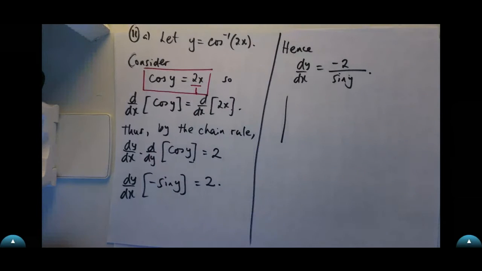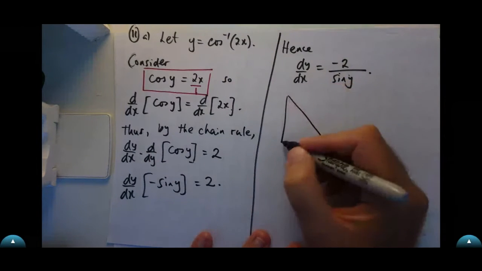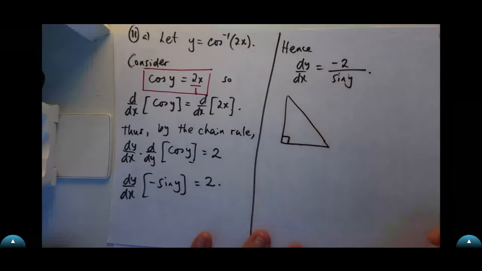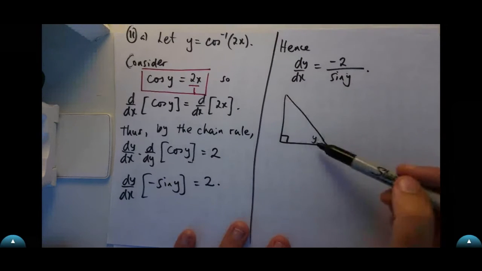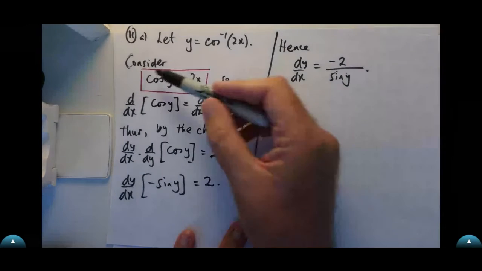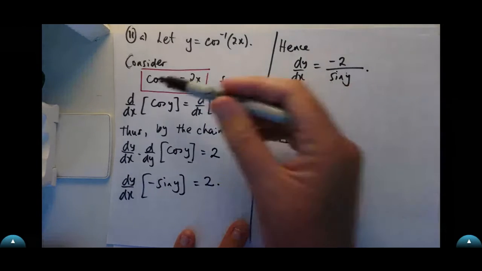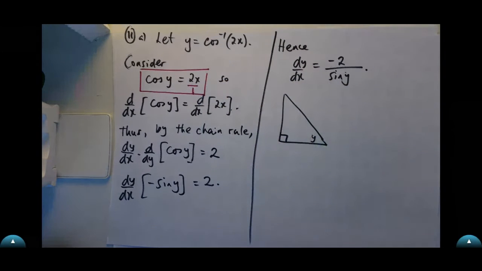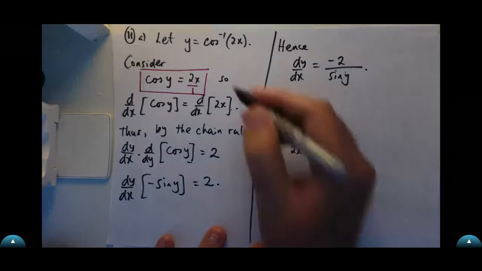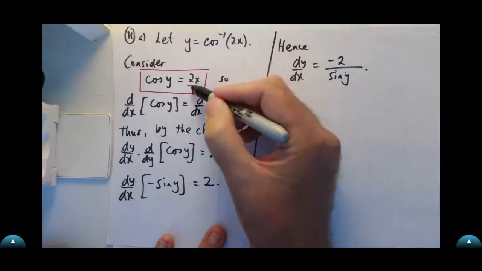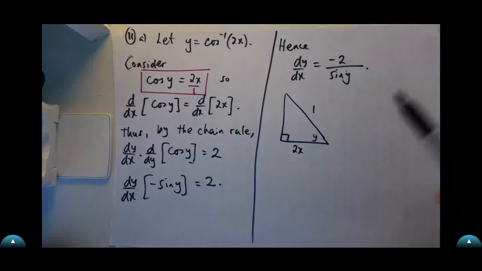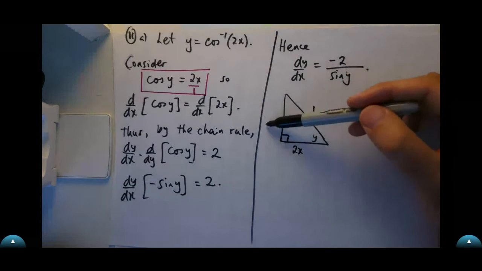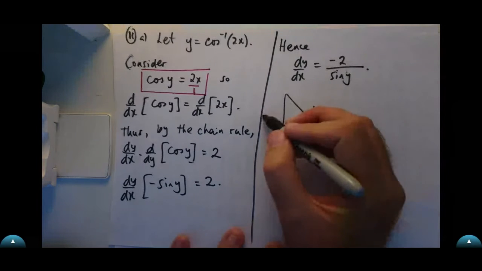Okay, so let's draw a right-angled triangle where we can use trigonometry. Let y be this angle. It's 2x divided by 1. So cosine is adjacent over hypotenuse. So that must be the adjacent side, and that must be the hypotenuse. And now from Pythagoras' theorem, I can get this third side.